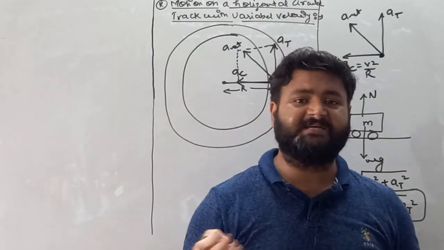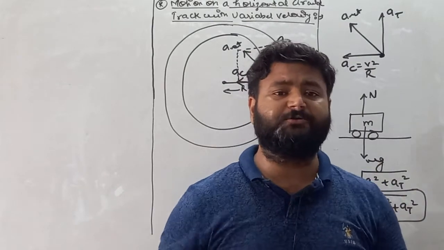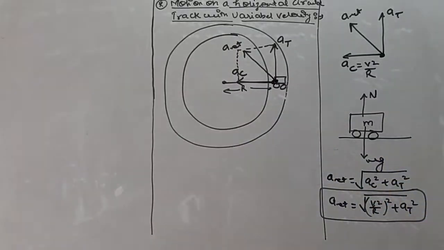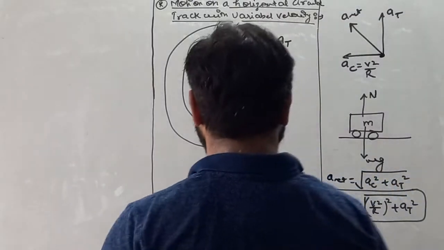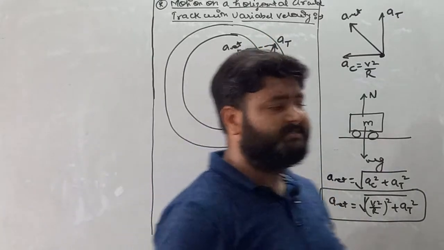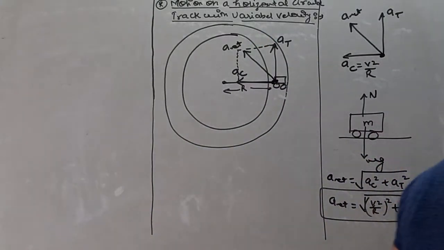Due to the friction, body is capable to turn. So write down, due to friction, the vehicle is capable to make turn in horizontal circular track.